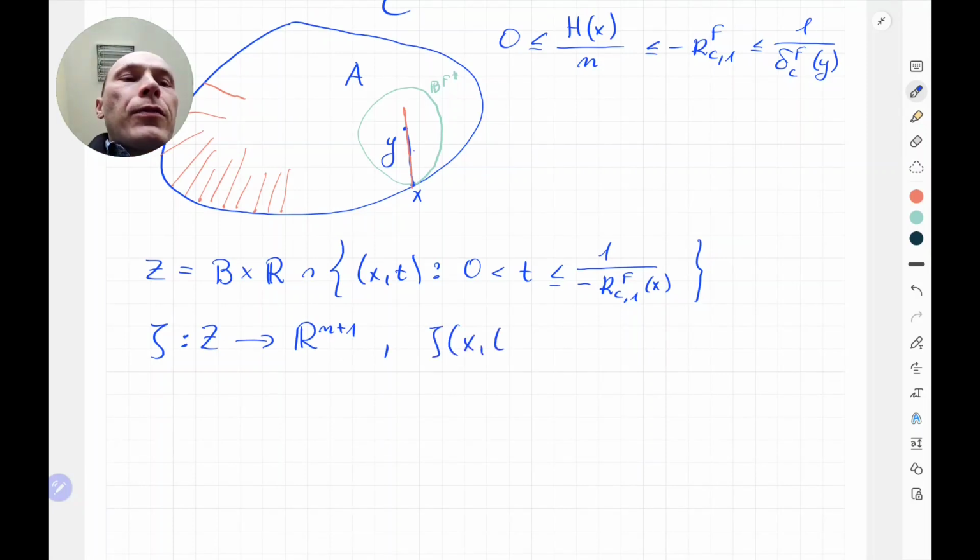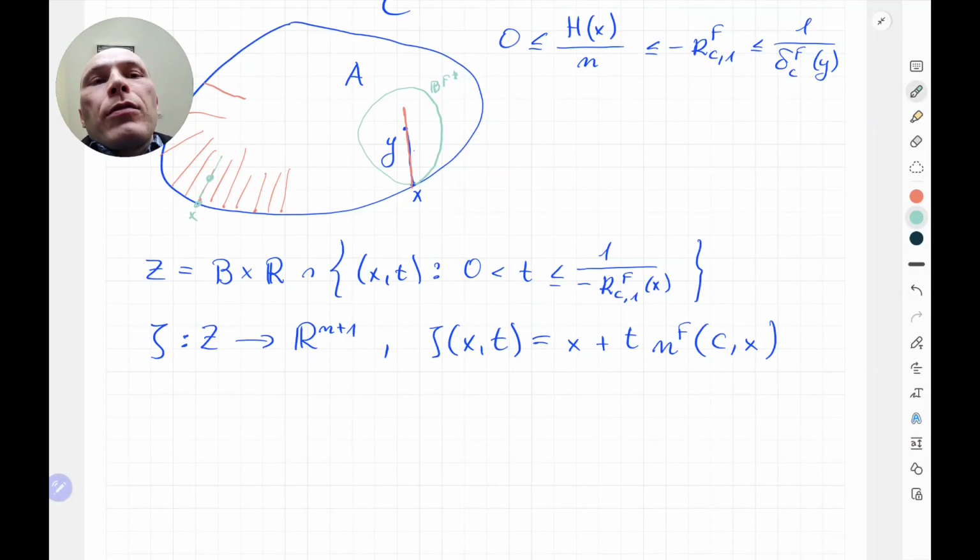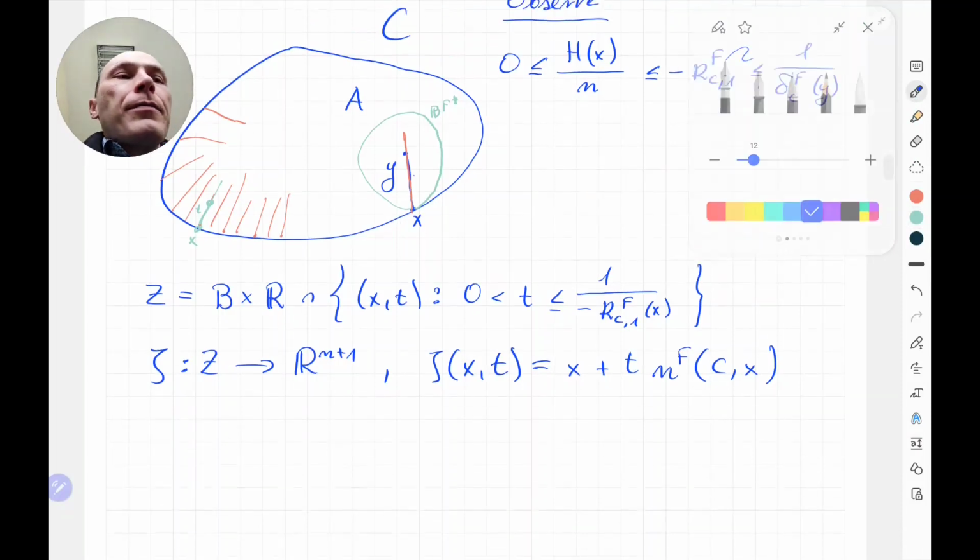It's defined by the following formula. Zeta just maps the pair (x,t) into, well, if you have x here, you have some line segment, you go only t in this direction, and you end up somewhere inside A.